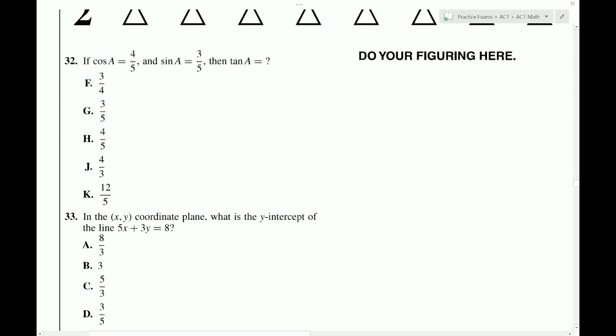If cosine of A is 4/5 and sine of A is 3/5, then what is the tangent of A? One way to do this is that the tangent is always equal to the sine over cosine. So if the sine is 3/5 and the cosine is 4/5, this is a good time to use our keep change flip method. We keep this fraction the same, change the division to a multiplication, and flip the bottom fraction to make 5/4.